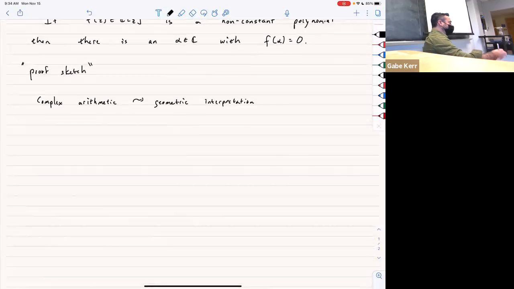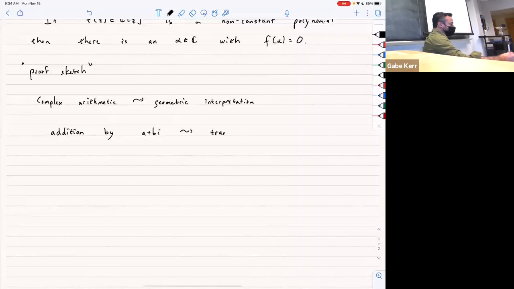We said that if I have addition by some complex number, say by a plus bi, it's like translating by a vector if you want.